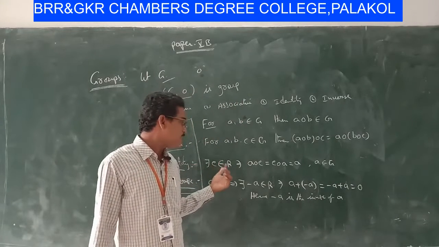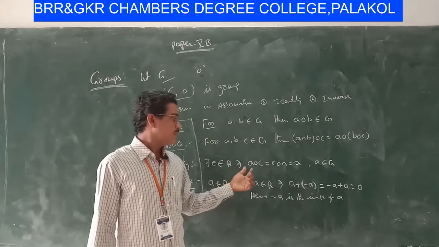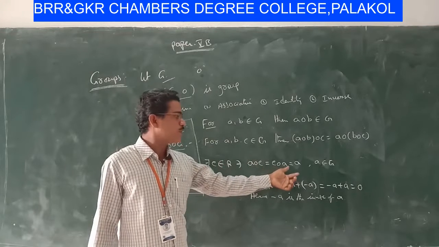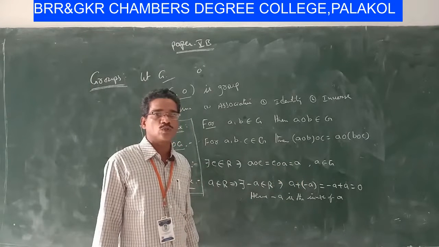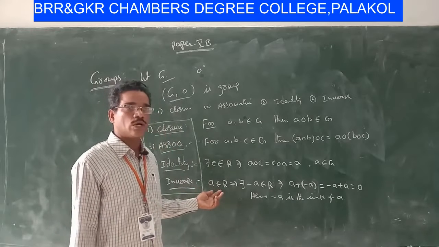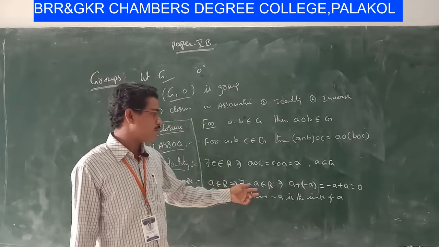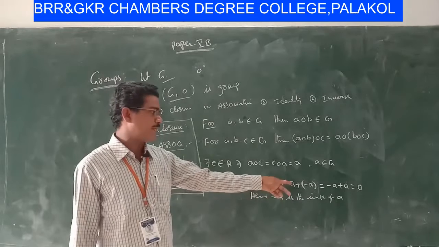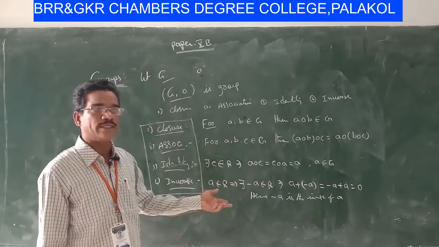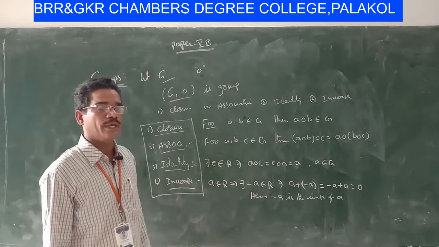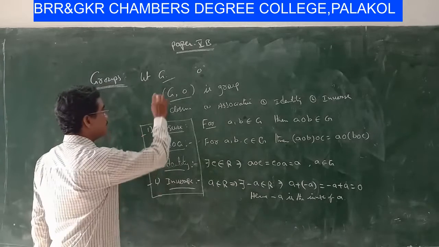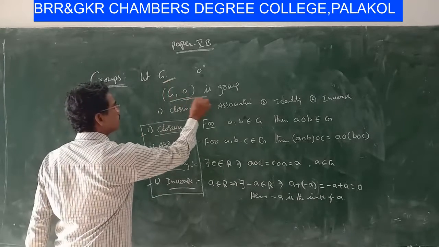There exists E belongs to R such that A circle E equal to E circle A equal to A, for A belongs to G. And inverse, A belongs to R implies there exists minus A belongs to R such that A plus of minus A equal to minus A plus A equal to 0. Here minus A is the inverse of A. So these four conditions are satisfied, then the non-empty set G is a group.